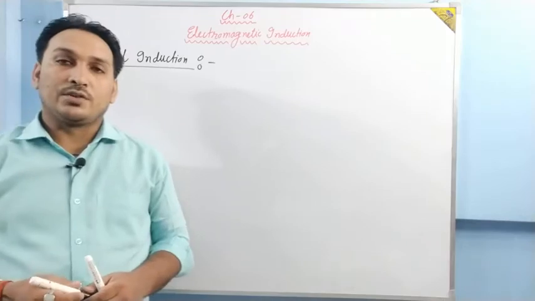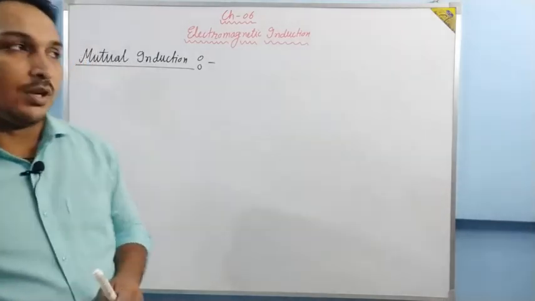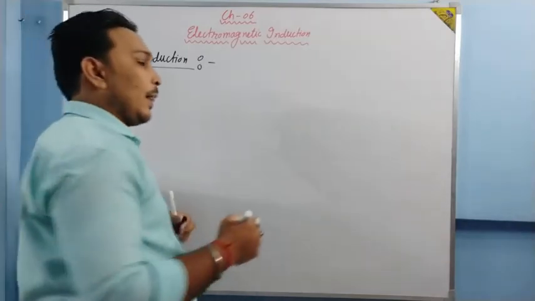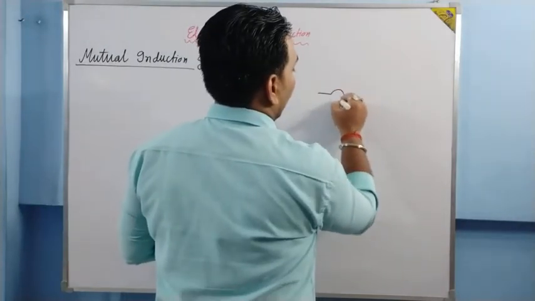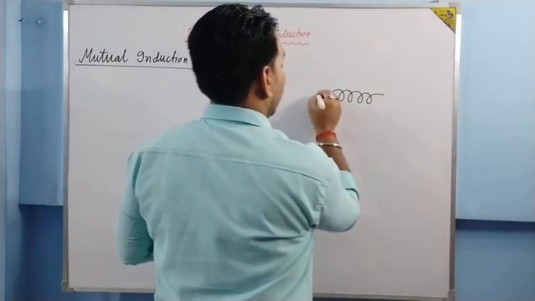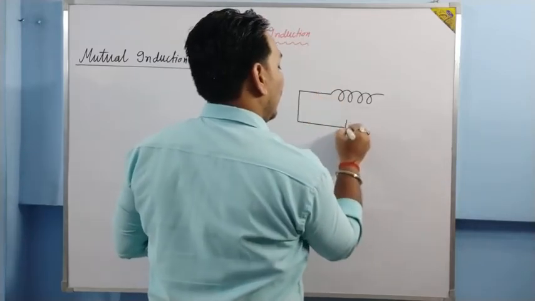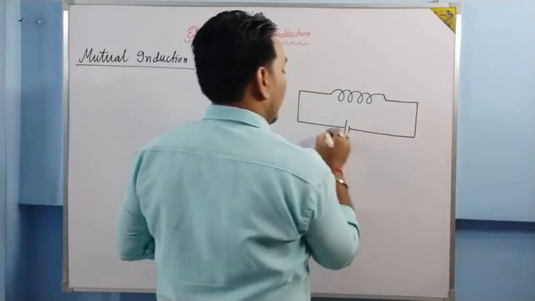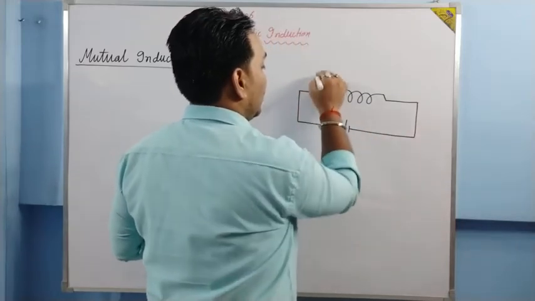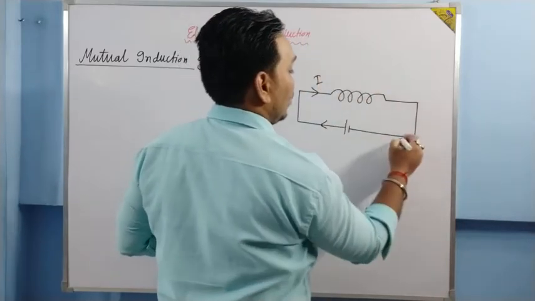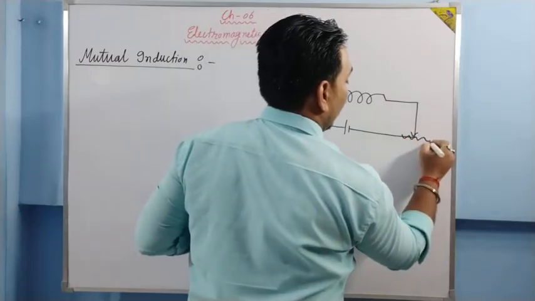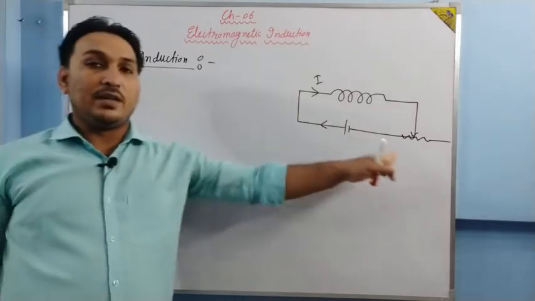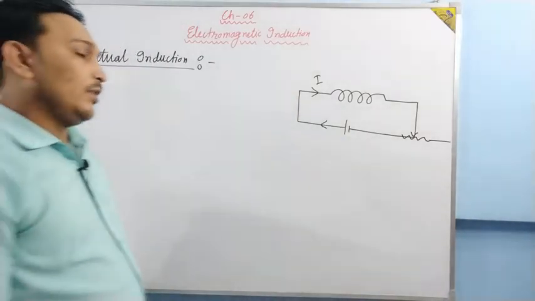What is mutual induction? Before that, let me give you a quick revision of self-induction, because this is very much related to that. What we have studied: if a coil is there and a current is flowing through the coil, and somehow with some arrangement this current is changing. Suppose we have applied a rheostat over here, and this current is changed by that rheostat, then what will happen?